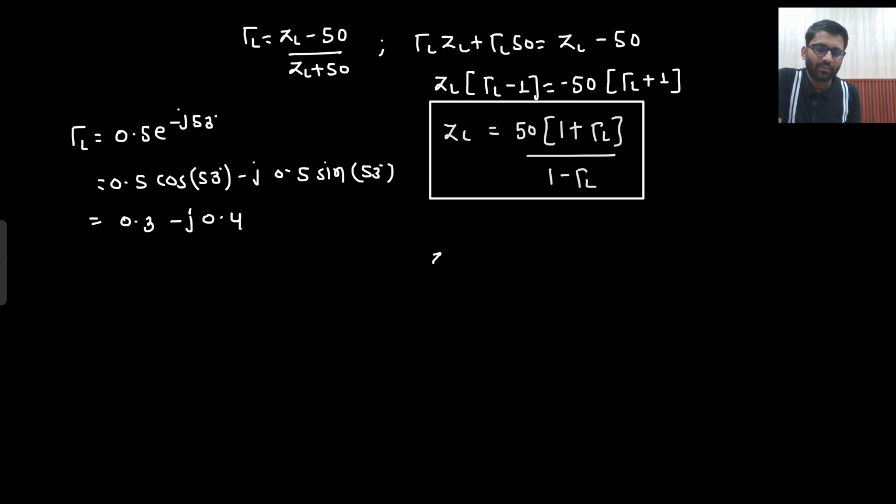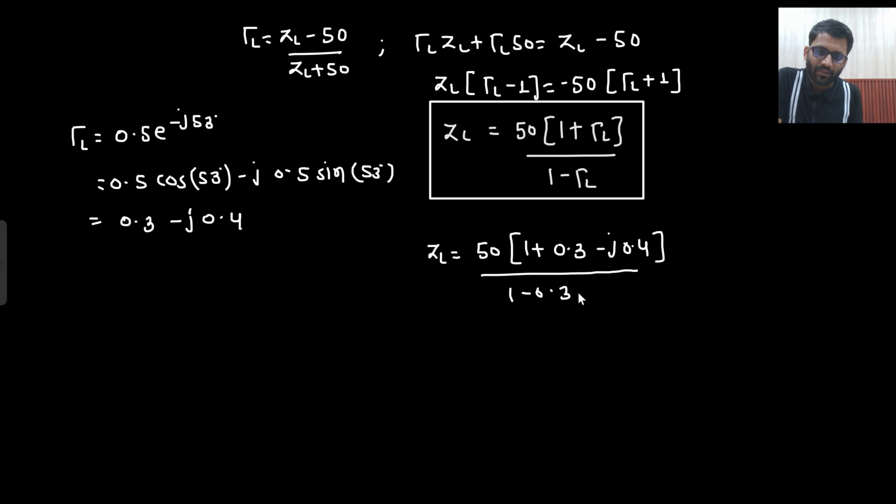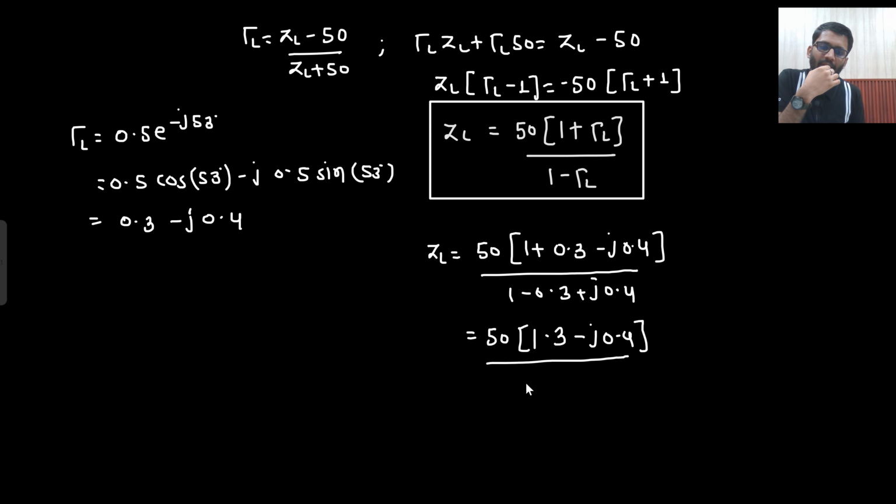So ZL is equal to 50 into (1 plus 0.3 minus j0.4) divided by (1 minus 0.3 plus j0.4), so 50 into (1.3 minus j0.4) divided by (0.7 plus j0.4).